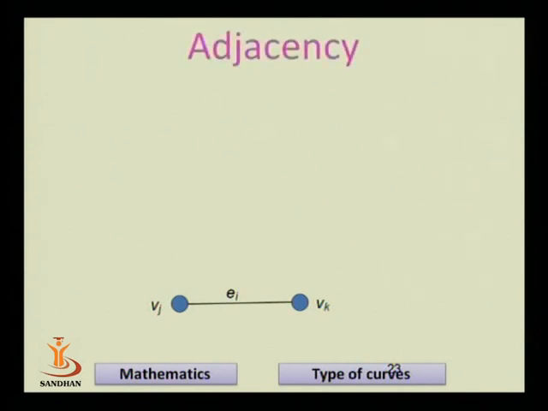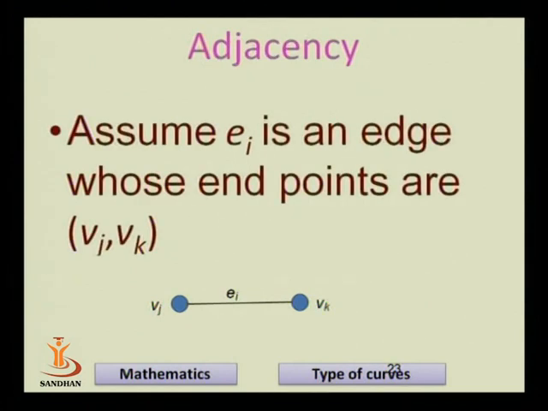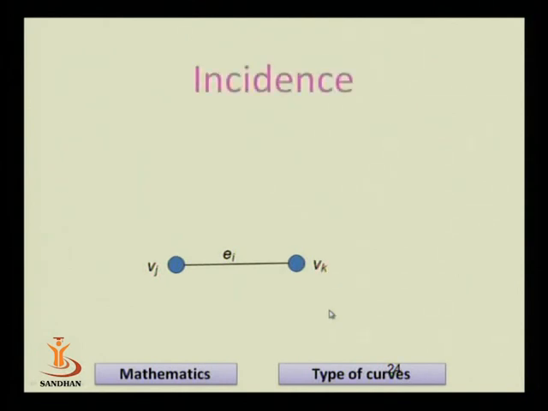Now, adjacency. Assume Ei is an edge whose endpoints are Vj and Vk. So now vertex Vj and vertex Vk are adjacent vertices. Incident.